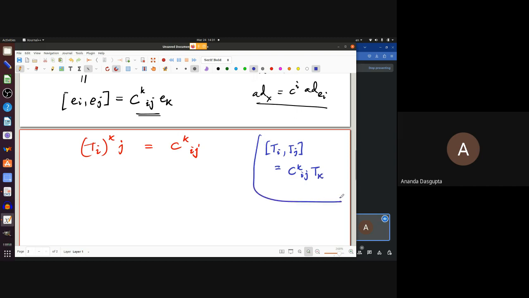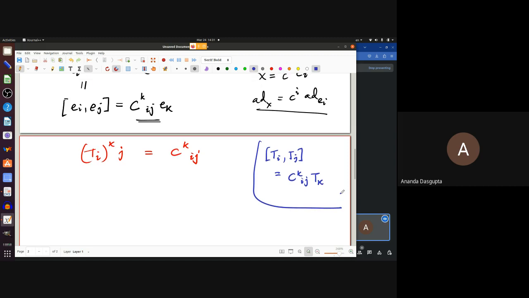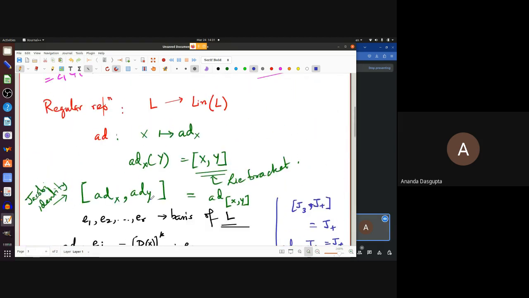Why are we sure of this? Because we already know that the regular representation is a representation, right? By the way, how did we know that? We knew that because of this result, which is a consequence of the Jacobi identity. So the Jacobi identity told us that this representation, x mapped to ad x, is actually a representation of the Lie algebra, and therefore any matrix version of that we have already. That's sort of obvious.